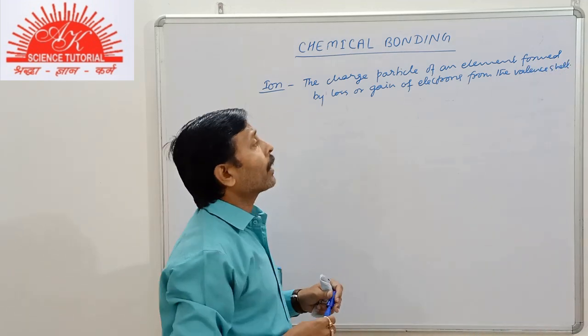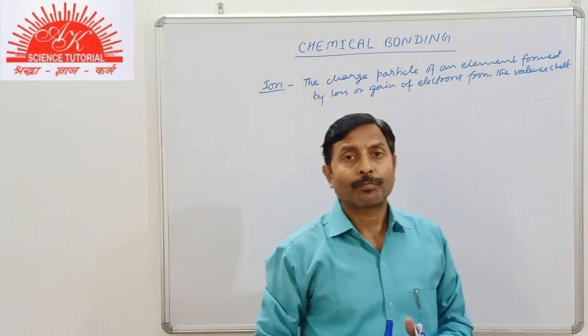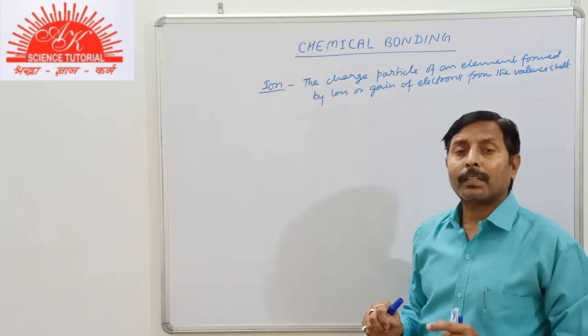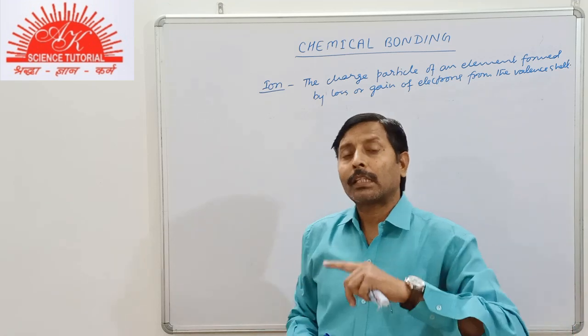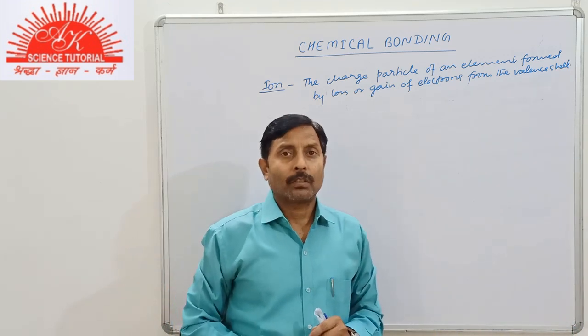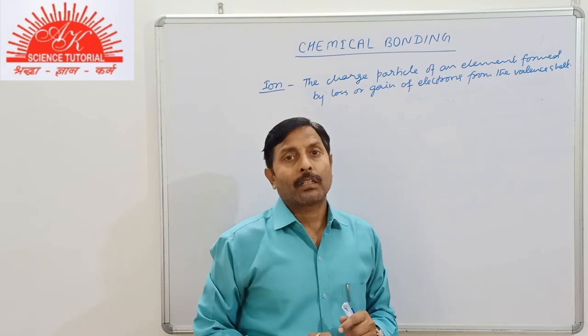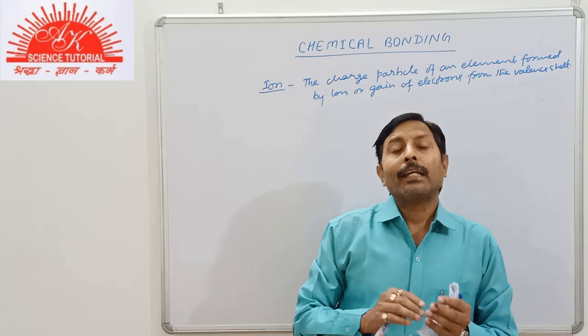This is the typical definition of ion. As the words loss or gain are used, it means that ions can be formed in two ways. So accordingly there are two types of ions, cation and anion.